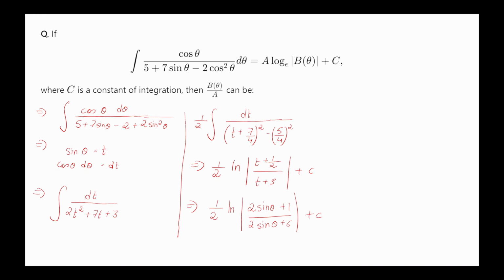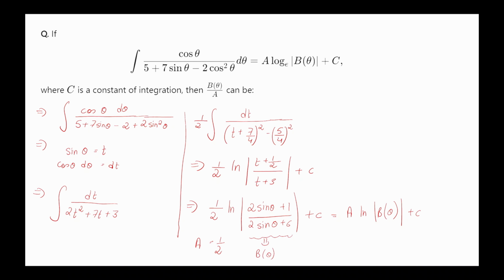So this is what my equation is coming out to be. Now what have they told us? That this entire function is equal to a ln p of theta, plus c. So we know what our c is, we know our ln, so our a becomes equal to half, and this function inside ln is basically our p theta. So we've gotten our function as well.